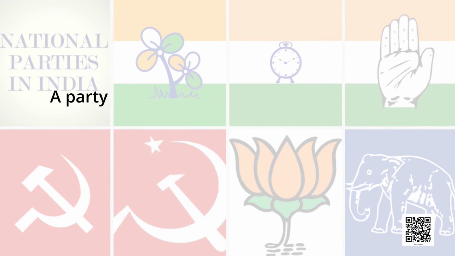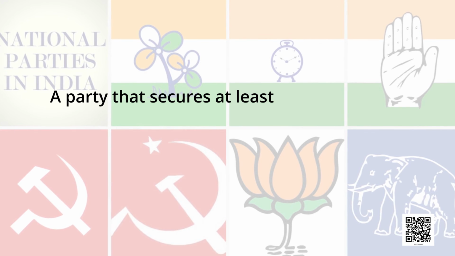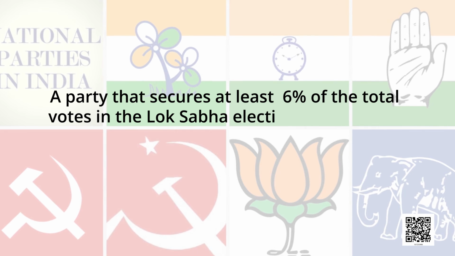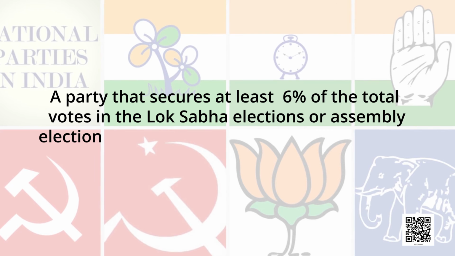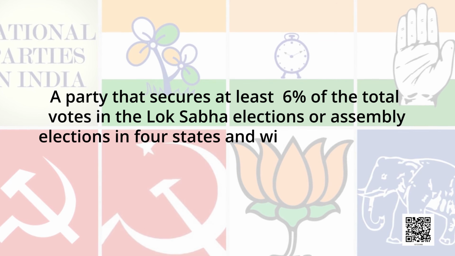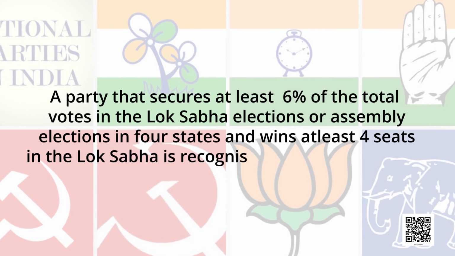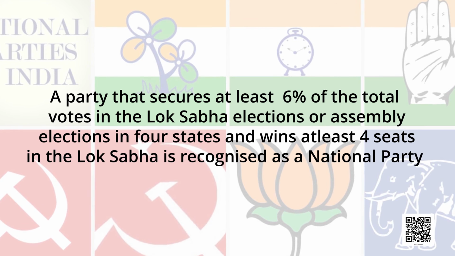A party that secures at least 6% of the total votes in Lok Sabha elections or Assembly elections in 4 states and wins at least 4 seats in the Lok Sabha is recognized as a national party.